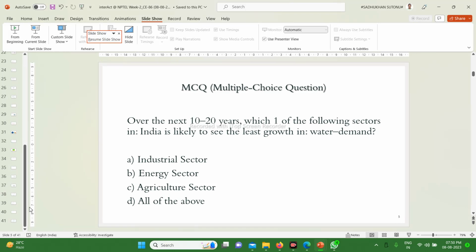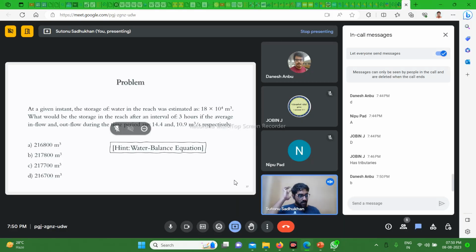No, this is not the last problem. Still other problems are there. Okay, so yes, I'll wait for 2 minutes for you. No problem. Danesh has given the answer, I guess. Option B, 21780. I don't remember the answer. We will see after the solver. This answer I forgot.